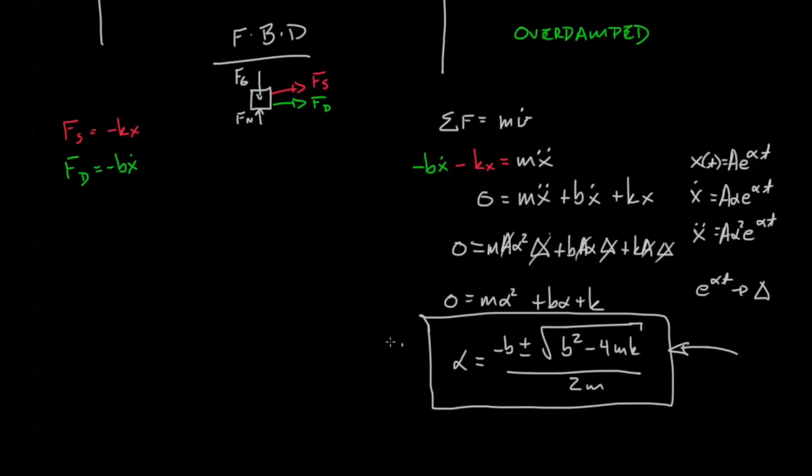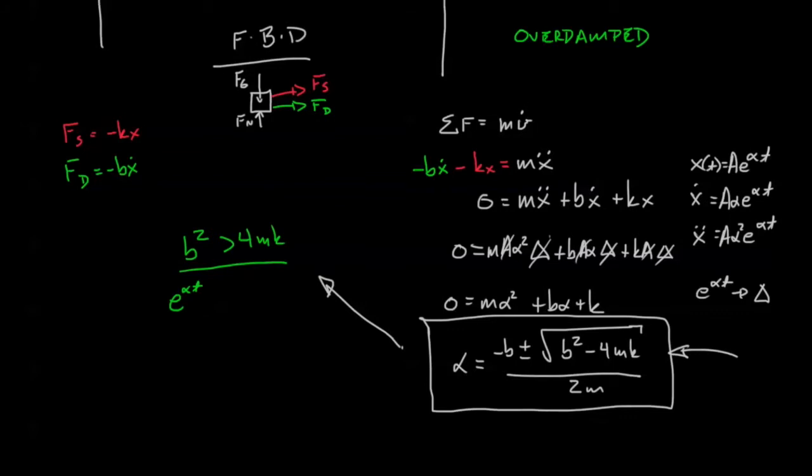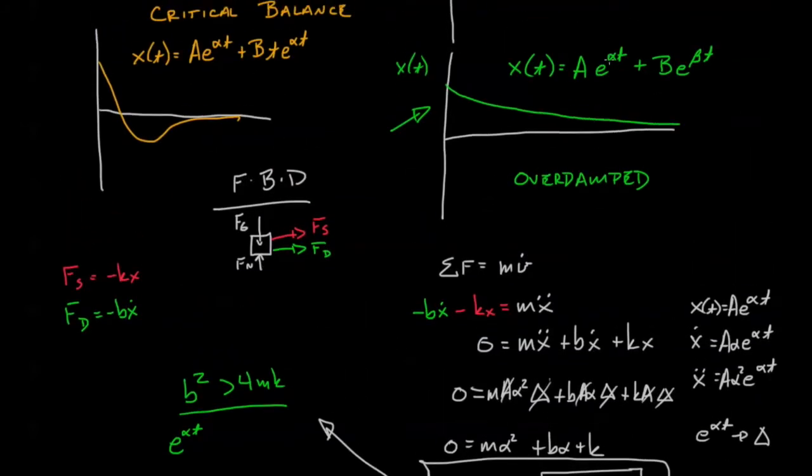If b squared is greater than 4mk, then we have a real term in here, and we're going to have an exponent, e to the alpha t. Well, what does that look like? That looks like our overdamped solution: e to the alpha t plus B e to the beta t. Does that make sense?